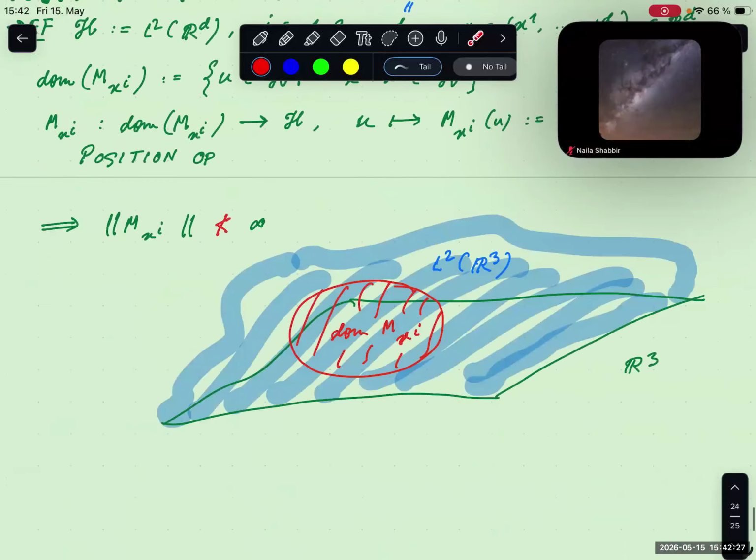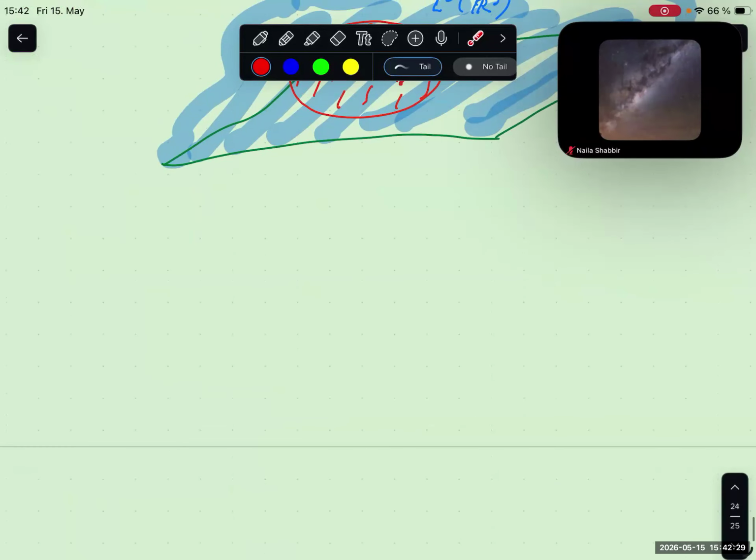So the first space we are going to discuss, we have already seen before. This is the space of smooth functions.